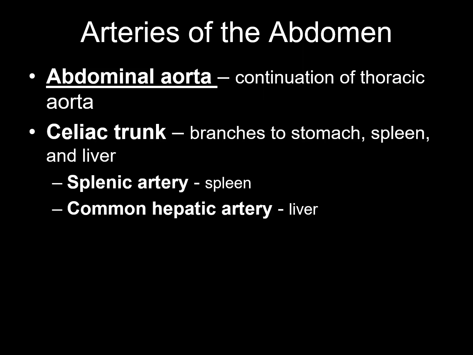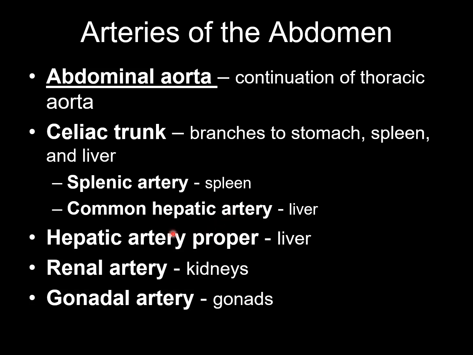We're going to throw off one big trunk called the celiac trunk, and the celiac trunk is going to deliver blood to the stomach, the spleen, and the liver. So it's going to branch and become the splenic artery, and then the common hepatic artery. So it's going to throw off a couple of branches off that celiac trunk.